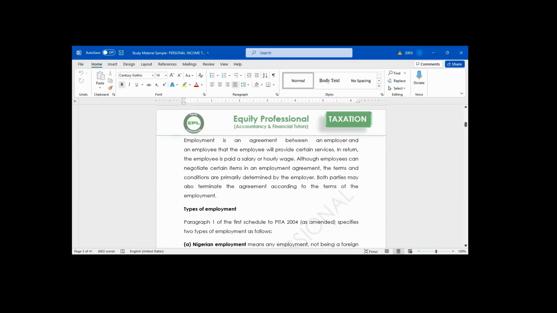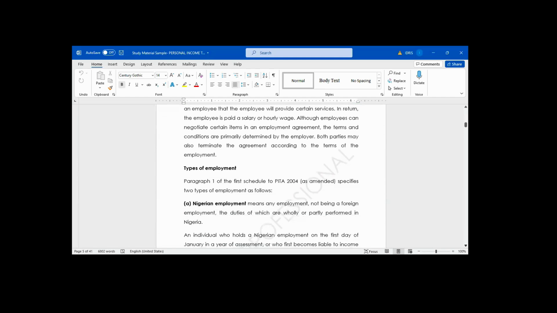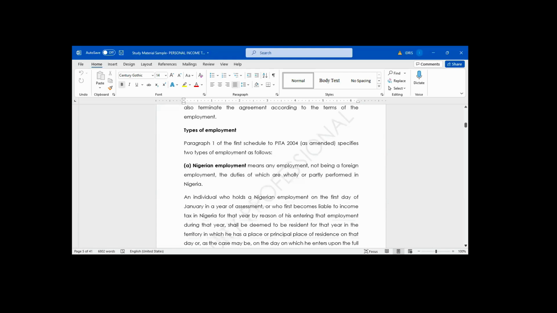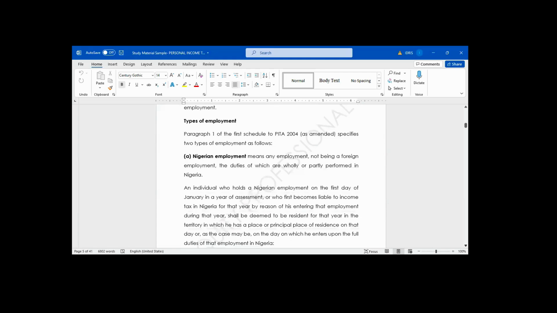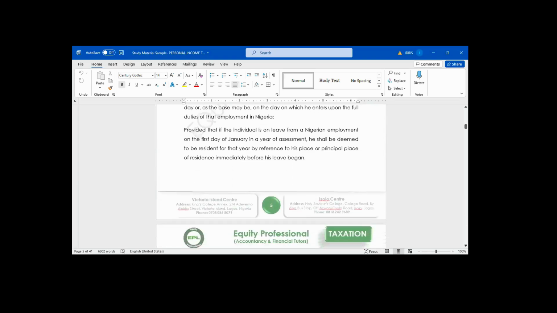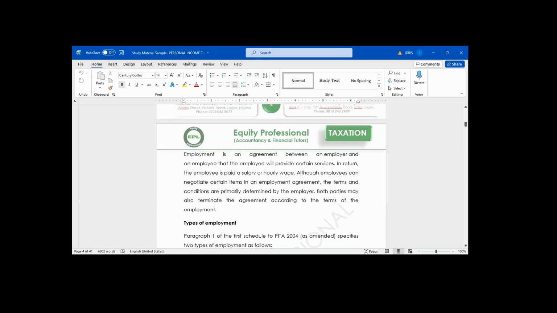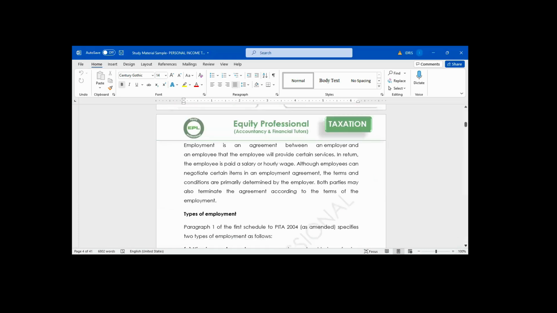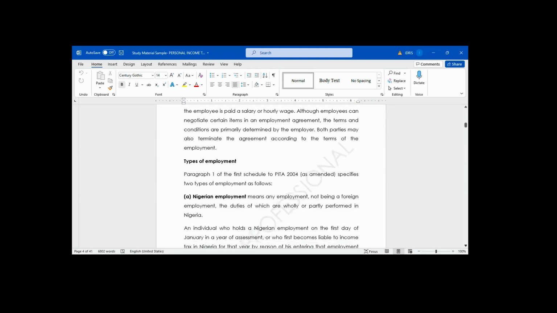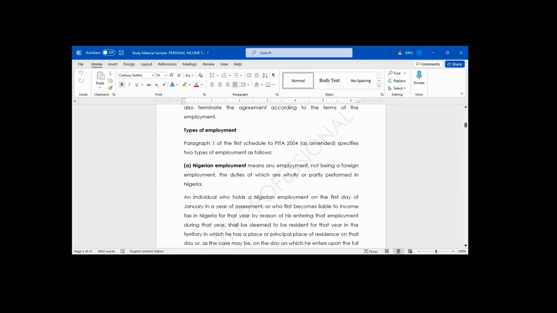We have different types of employment. According to personal income tax, there are two different types of employment. We have Nigeria employment and we have foreign employment. Nigeria employment simply means any employment in which the duties are wholly or partially performed in Nigeria.